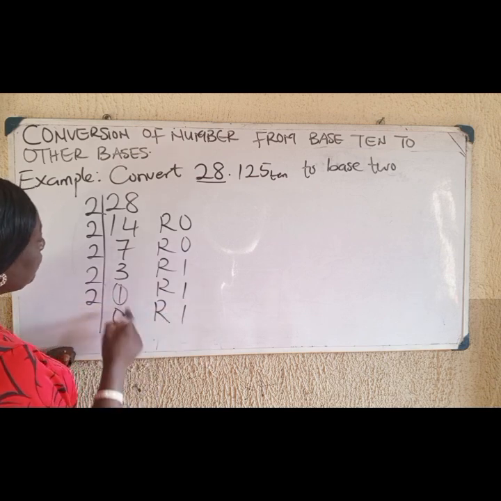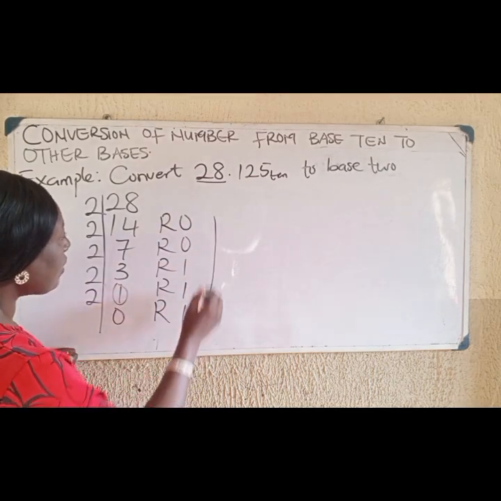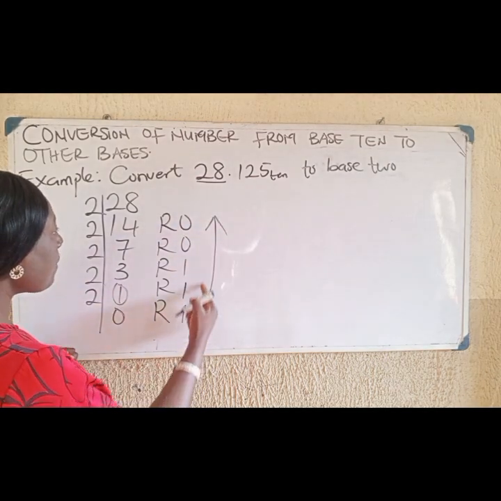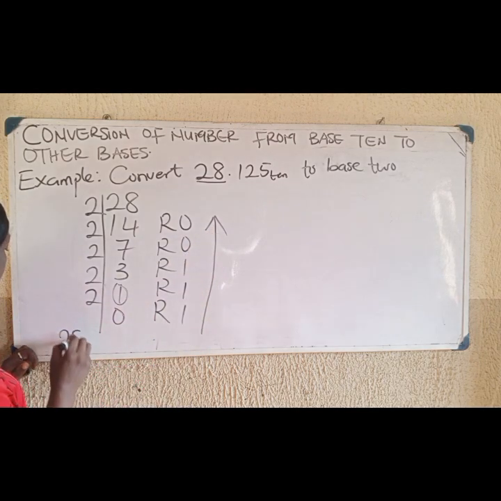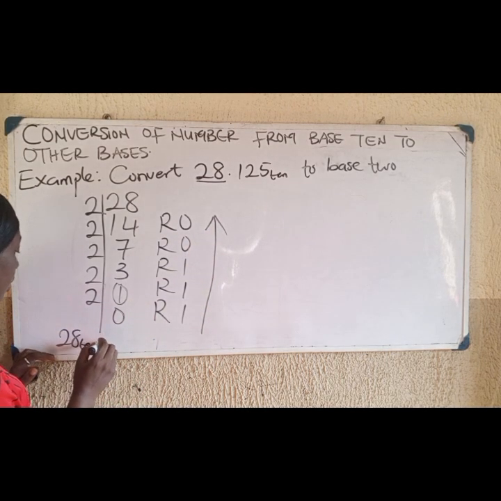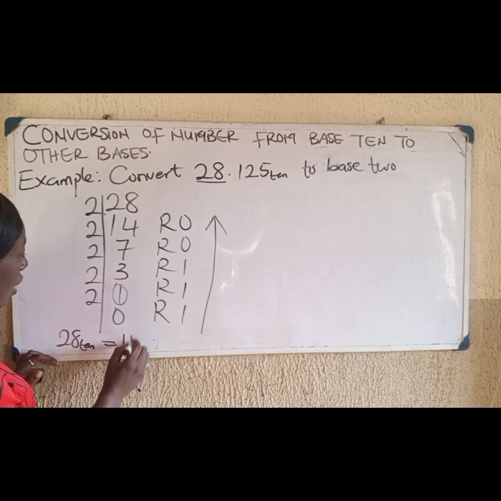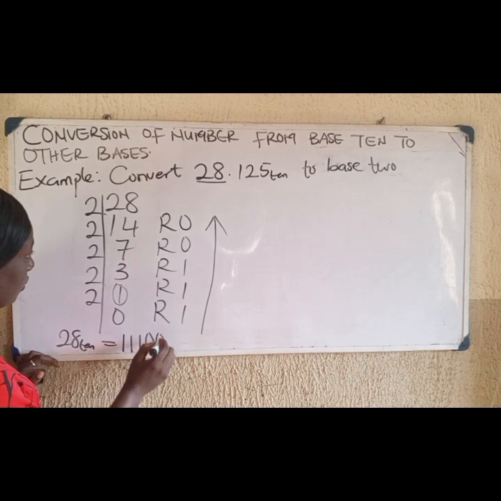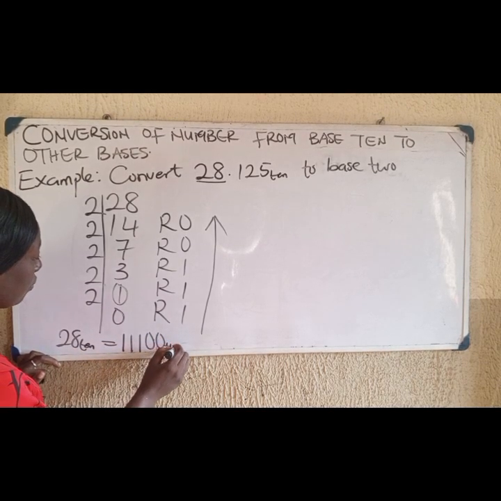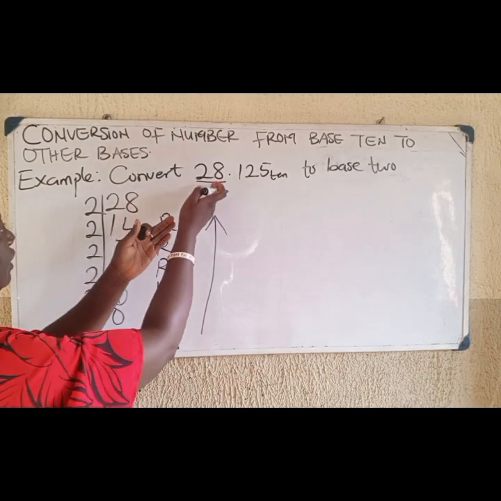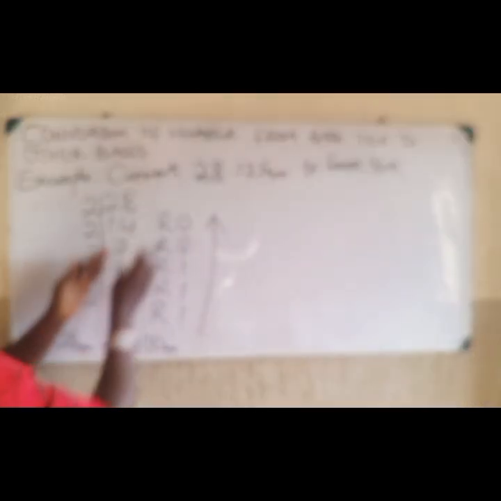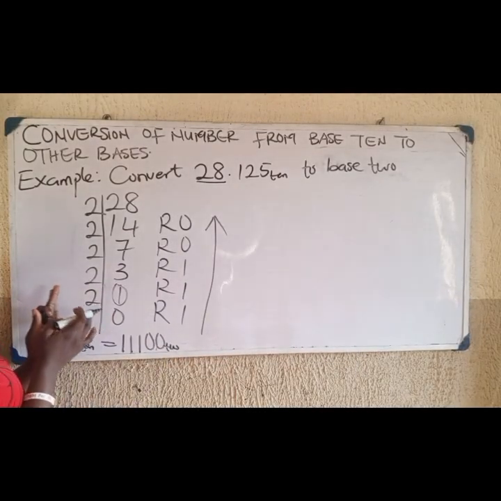I'll write it here. Then I'll read my answer from down. So 28 in base 10 gives me 11100 in base 2. So I've converted 28, which is the whole number part, to base 2. I'll keep it to one side.